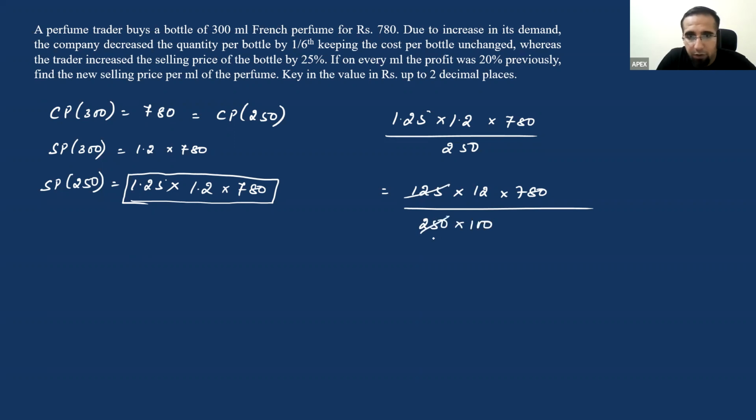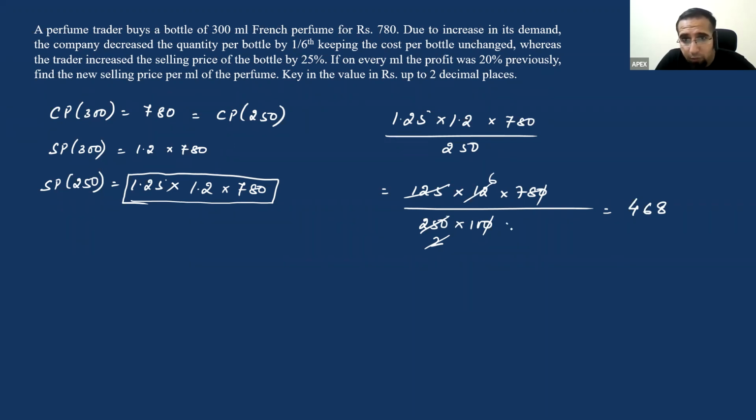So 125 ones are 125, twos are 2, ones are 2, 6 are. Now the simplified form becomes, again a 0 gets cancelled. 6 8s are 48, 8 I carry 4, 6 7s are 42, 42 plus 4 is 46. Clear? Did we miss out on something?